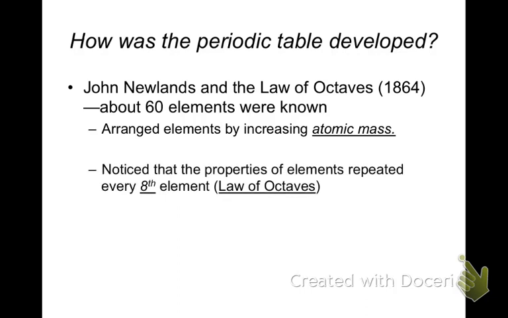What he noticed is that about every eighth element, the properties of the elements repeated themselves, meaning the element in spot number 1 would have properties very much like the one 8 later. And so he called this the law of octaves, because an octave in music is a separation of 8.